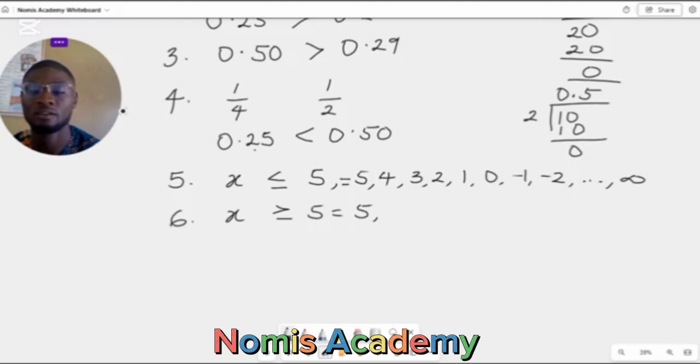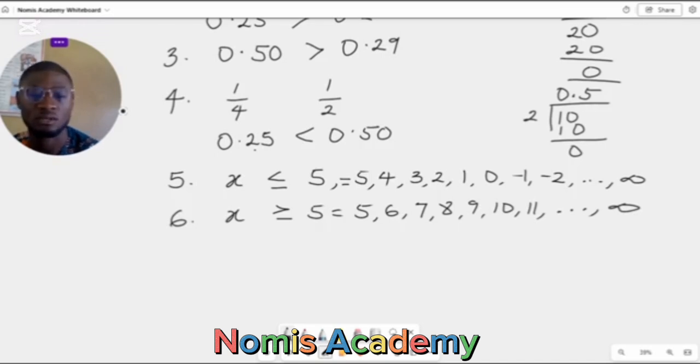So 5, 6, 7, 8, 9, 10, 11. If you like, you continue to 1 million, but you can just put your comma and the 3 full stops to tell that it continues, comma, till when? Till infinity. So these are the values that x could exhibit.